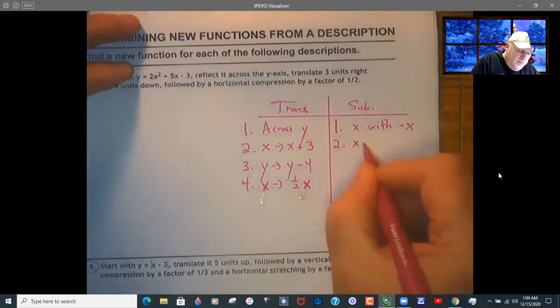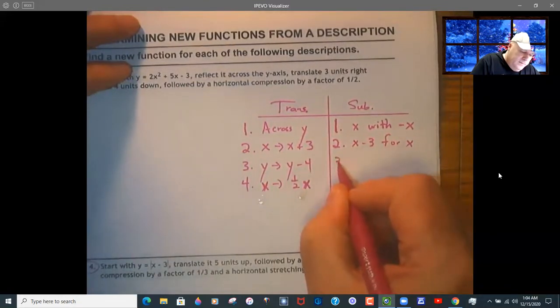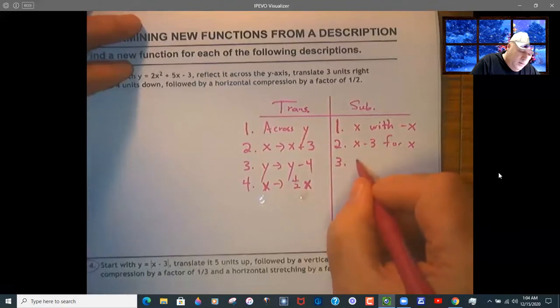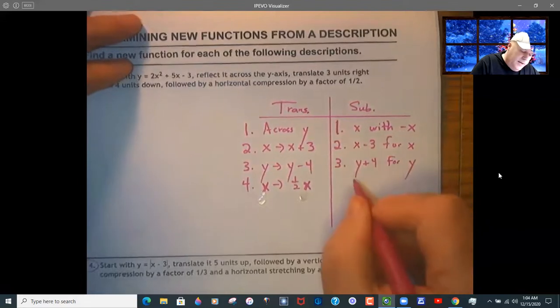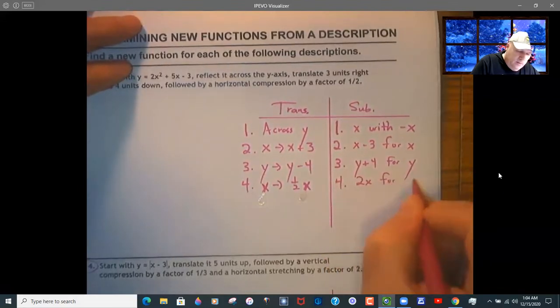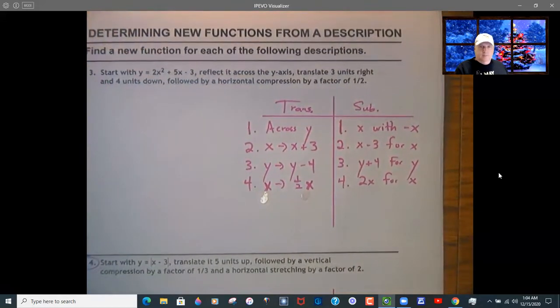All right, so x minus 3 is in for x, and then we have to simplify. And then y plus 4 is in for y, and then we have to solve for y. And then 2x is in for x, and then we have to simplify after that. So in replacing for x, we simplify.